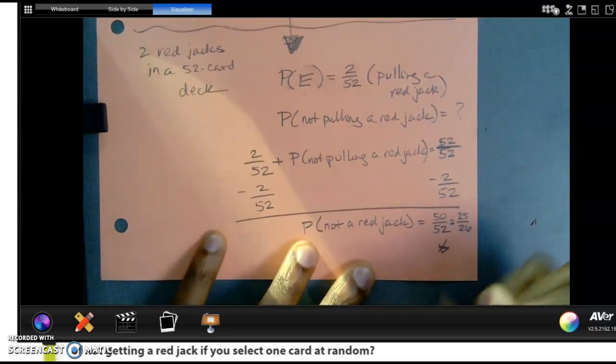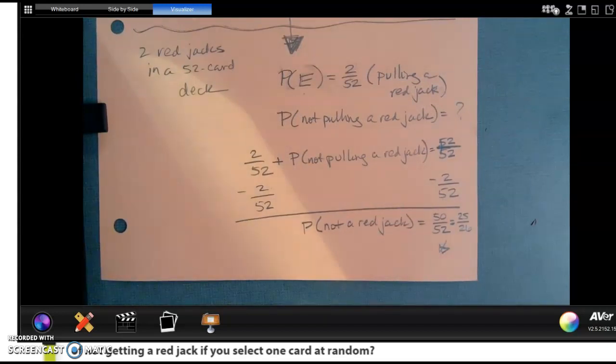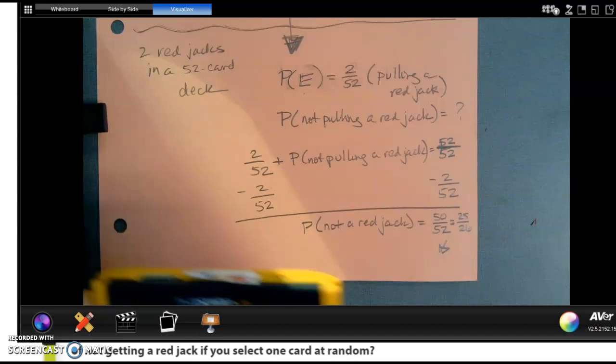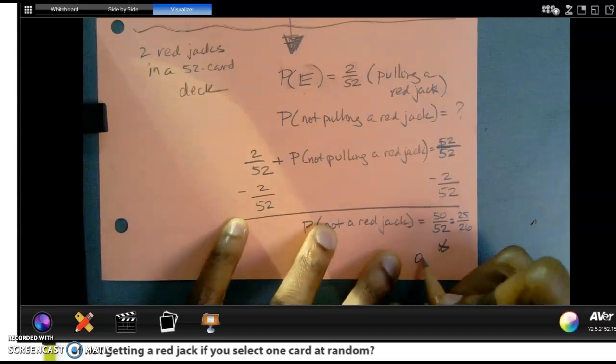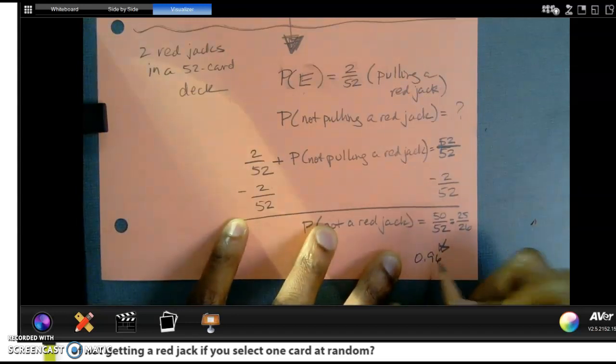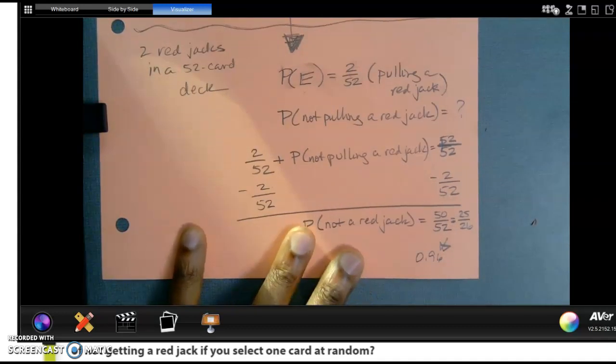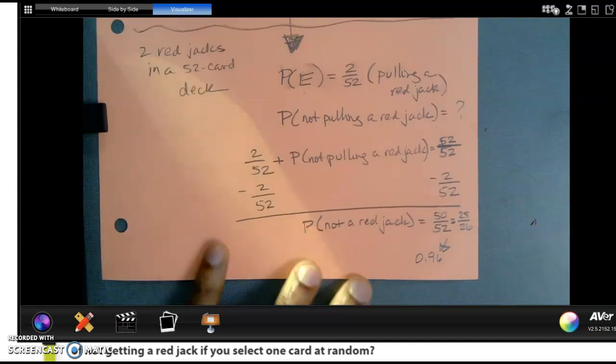Now, if I convert that to a decimal, which I'm going to do off camera very quickly, 25 divided by 26 gives me 0.96, my decimal version of the probability of not picking a red jack.